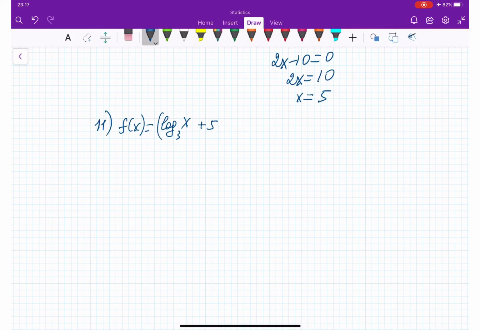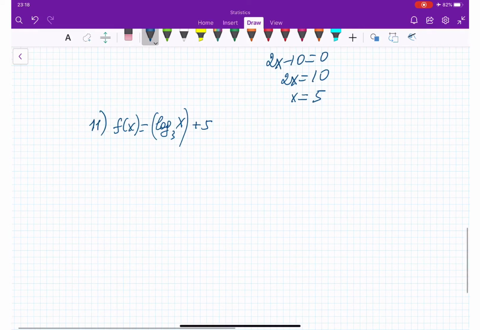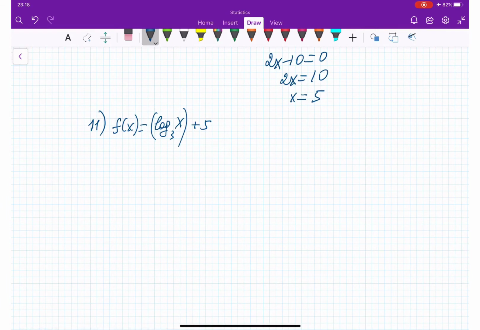Okay, how are we going to do that? Well, there are two ways. I can build the graph of log x by base 3 and then take this graph and move it up by 5 vertically, or I can build it by points.